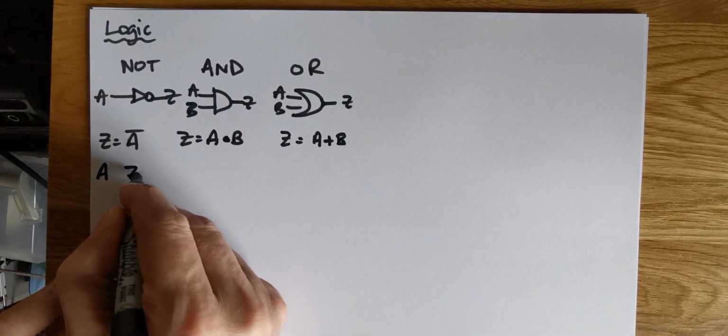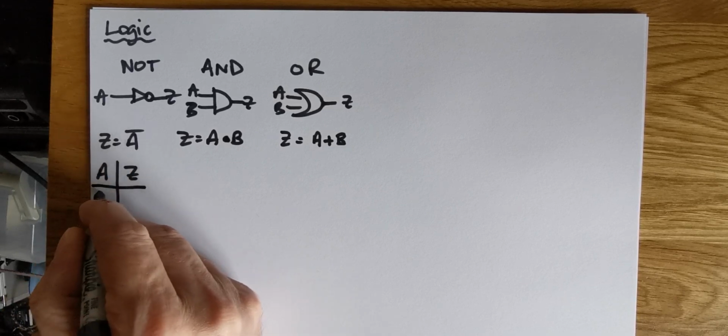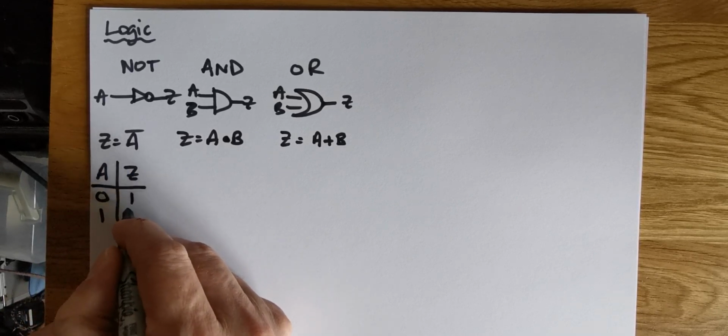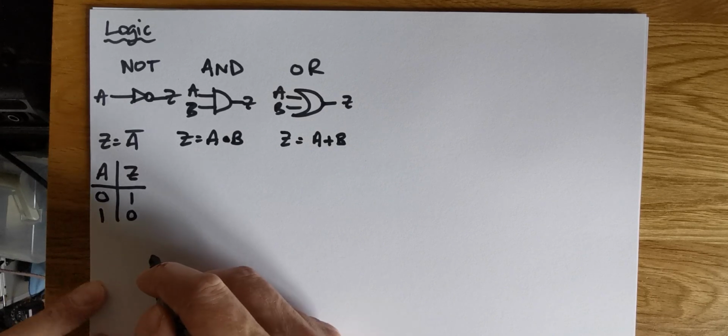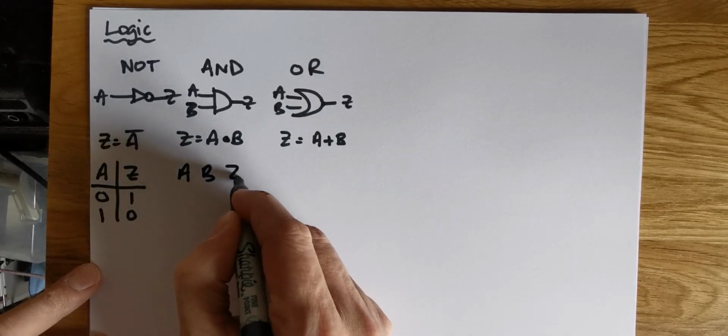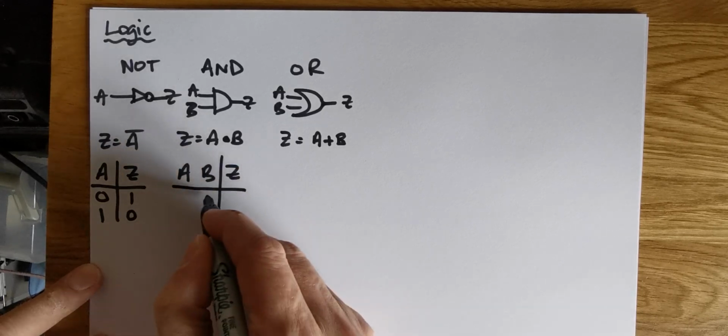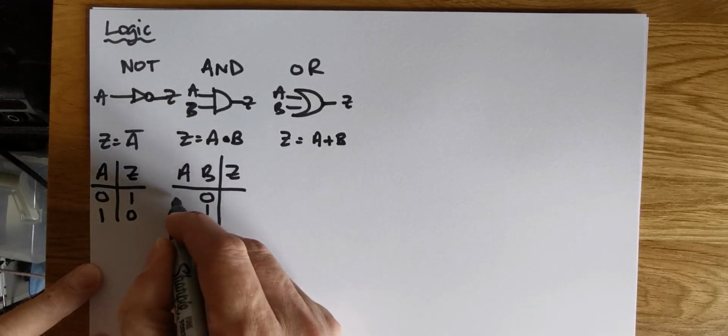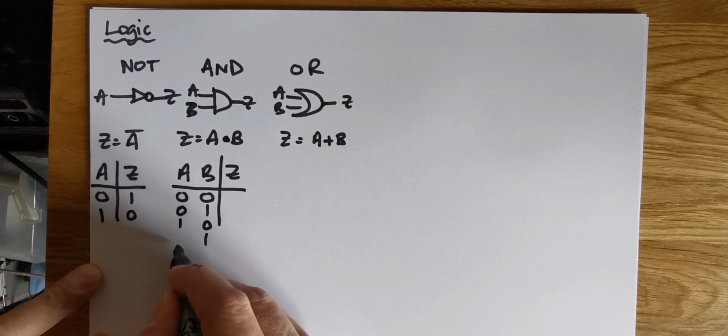And then we should be able to do a truth table. I'm not going to go into the detail of a truth table or how we construct it, because that is National 5, but that's what the truth table for the NOT gate looks like. The truth table for the AND gate, this is stuff that's not in the data book, so you really need to try to remember this stuff.